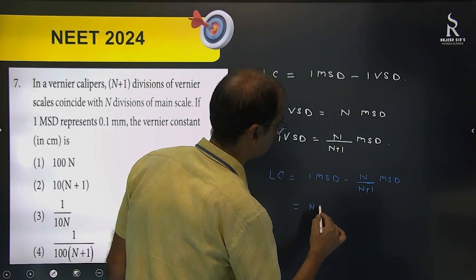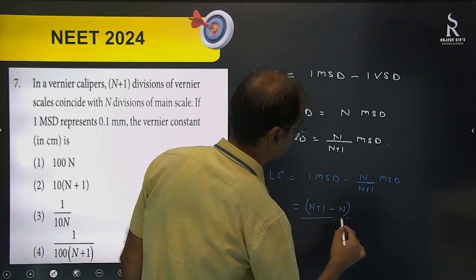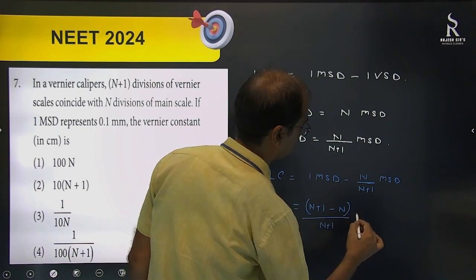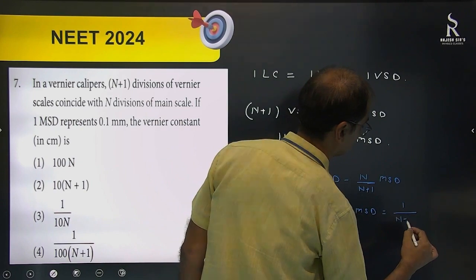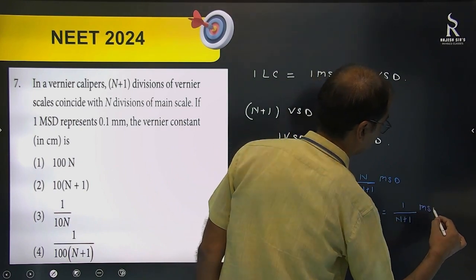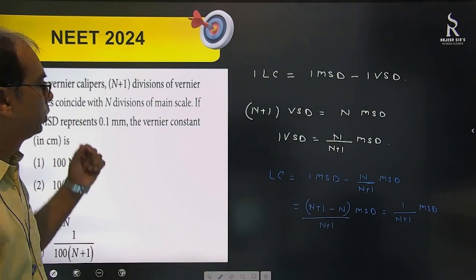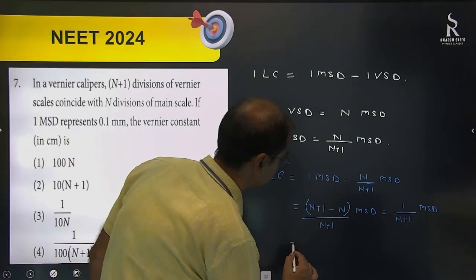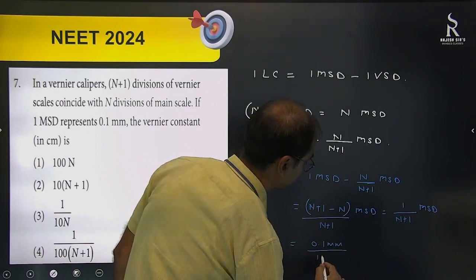N plus 1 minus n by n plus 1 main scale division. So we have 1 by n plus 1 main scale division. What is 1 main scale division? Is given 0.1. So 0.1 mm by n plus 1 is our answer.